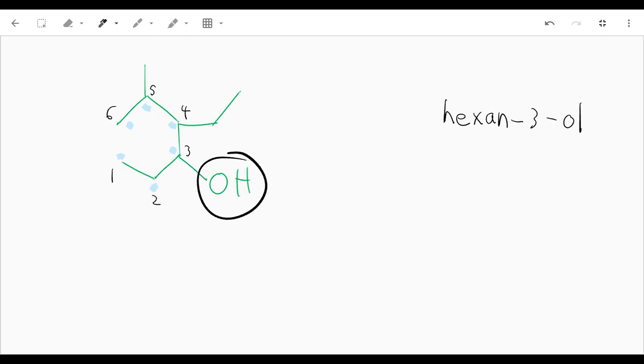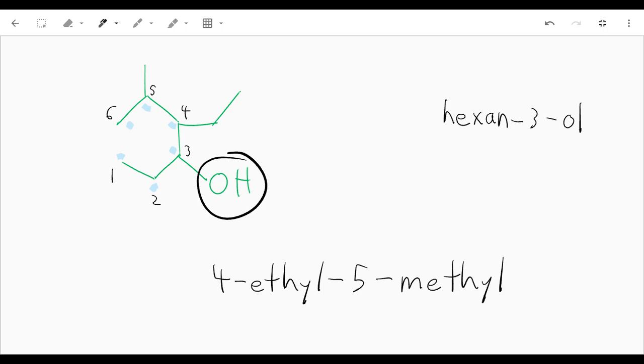Then I just have to worry about the stuff in front. I have both a methyl group and an ethyl group. The ethyl group is going to have to go first, so I'm going to start with 4-ethyl and then 5-methyl, because they're on carbons 4 and 5 respectively.